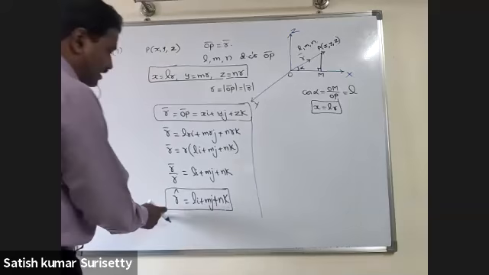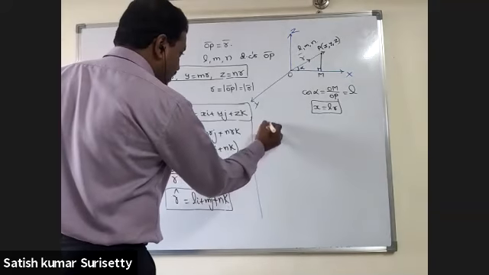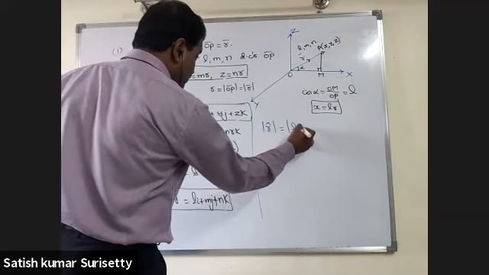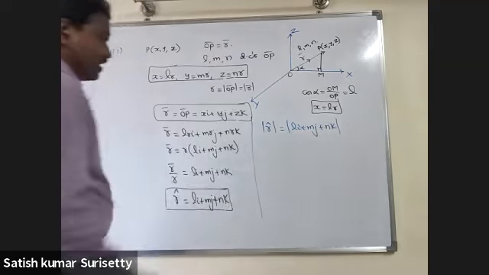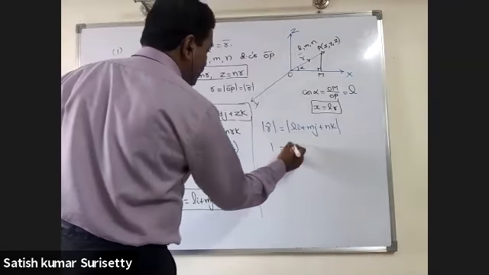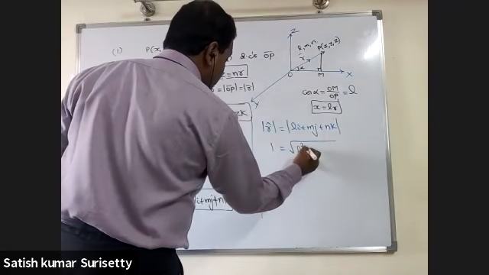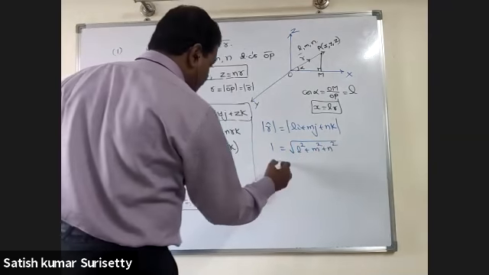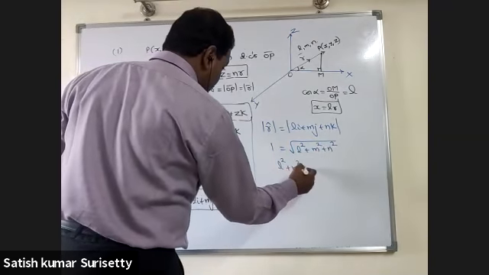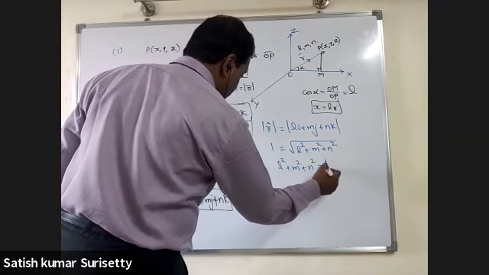Now, if I take modulus, so modulus of R cap equal to modulus of Li plus Mj plus Nk, but modulus of R cap is 1, equal to root of L square plus M square plus N square. That is L square plus M square plus N square equal to 1.